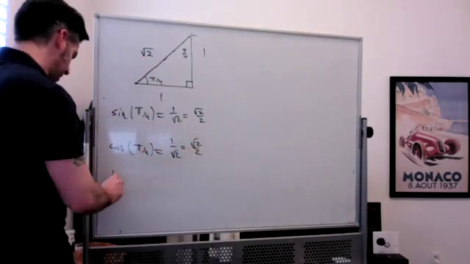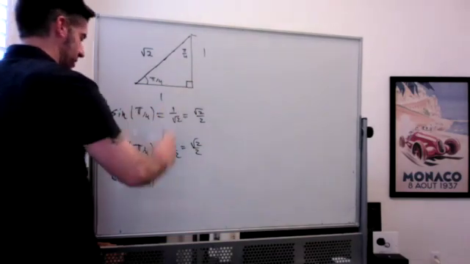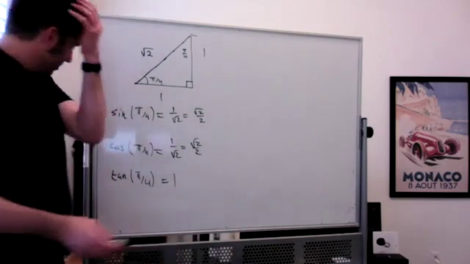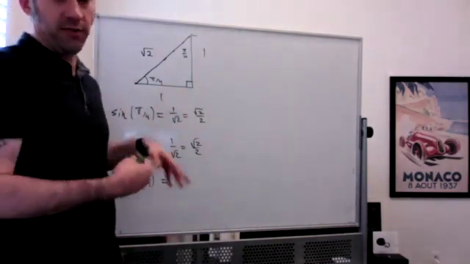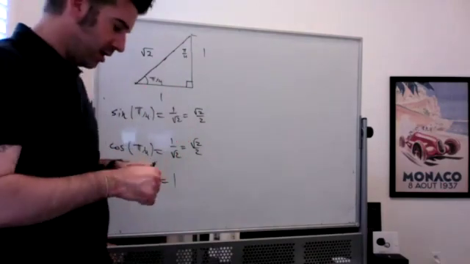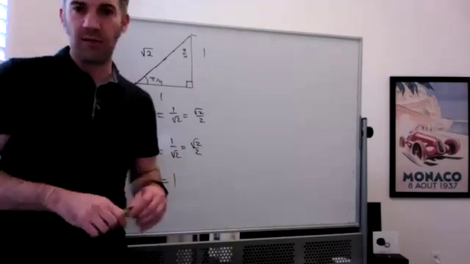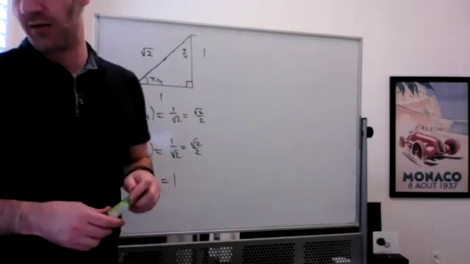And I'll just say tangent of pi over 4 is the opposite over the adjacent, which is just 1. So there's a very, very brief refresher on finding trig values of different angles. If you want more, let me know sometime, either via email or in a discussion, and I can try and write up a little bit more.